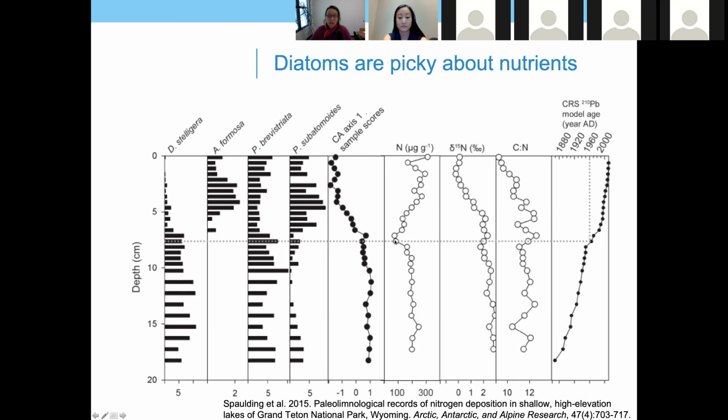The concentration of nitrogen increased. This canonical axis #1 sample scores is a measure of the assemblages. Where there hadn't been much change going on in this lake, the composition of diatoms really began to change. And we look at the individual species.